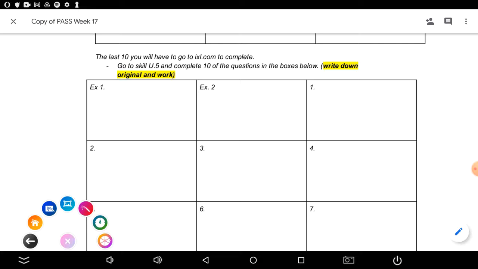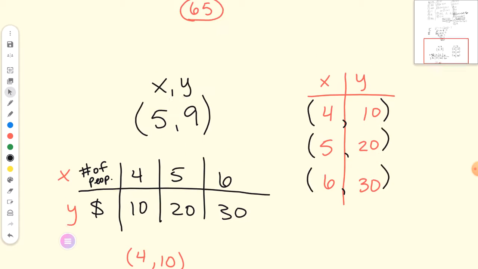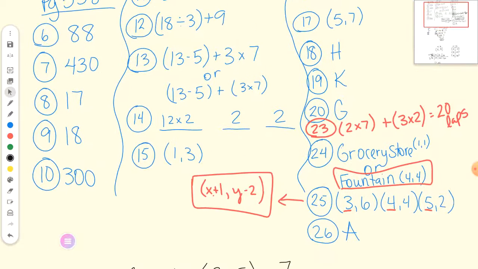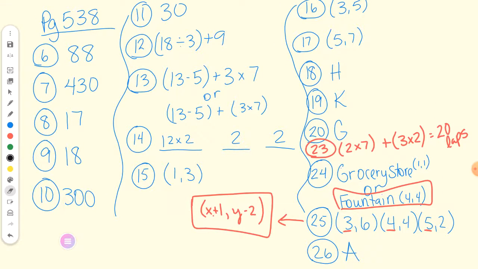We're going to go over homework from last Wednesday. 538, 539. I have all of the answers up here. But there's some of them I want to talk about.